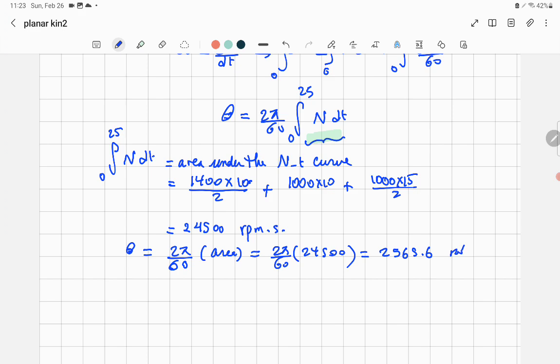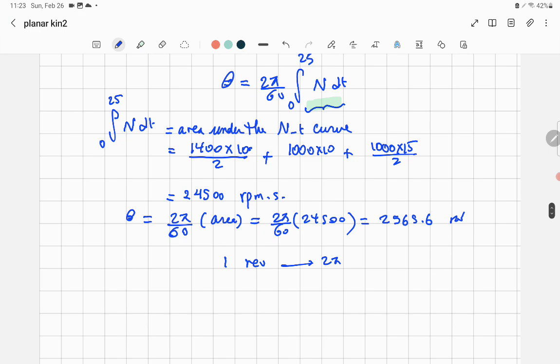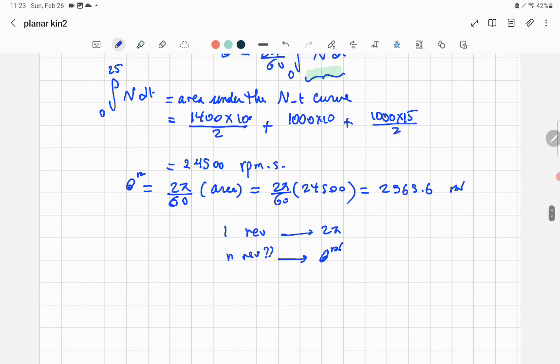Let's continue. We want to know how many revolutions you can get. One revolution makes 2 pi, so that's the theta you got in radians. How many revolutions will you get until it stops?